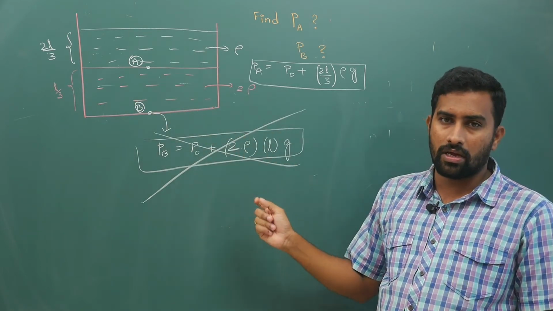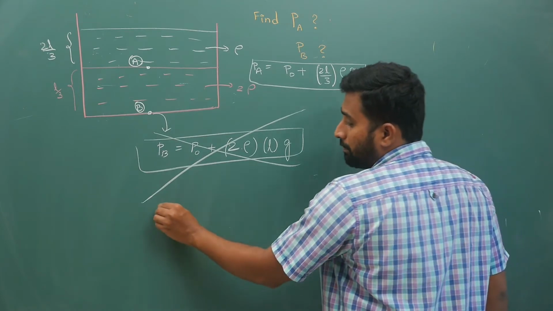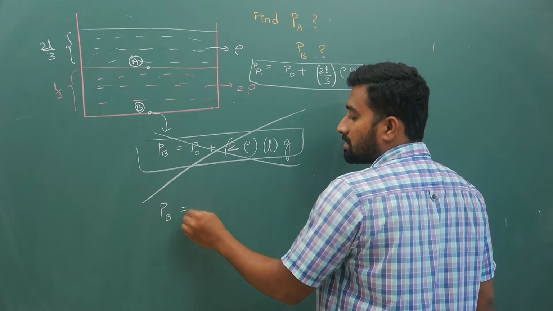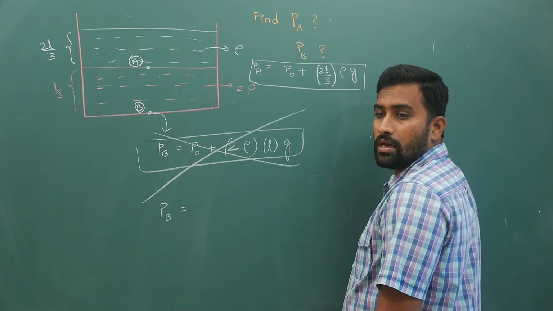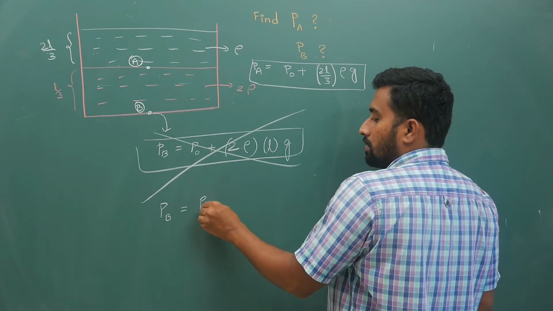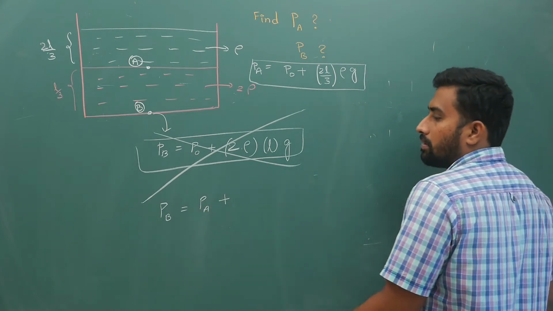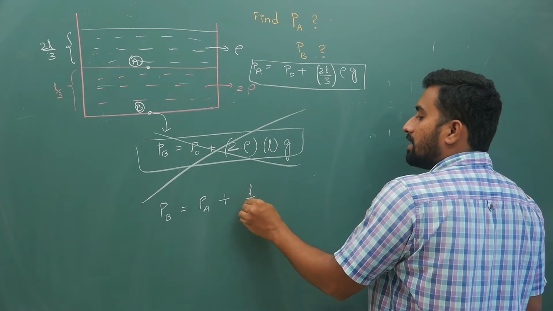Instead, what you are supposed to do is this: pressure at bottom is equal to pressure at A plus L by 3, which is the depth.